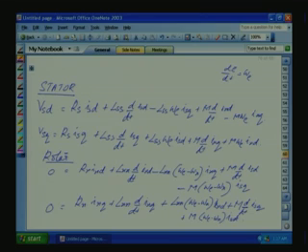So we got the dynamic equations in the DQ reference frame.